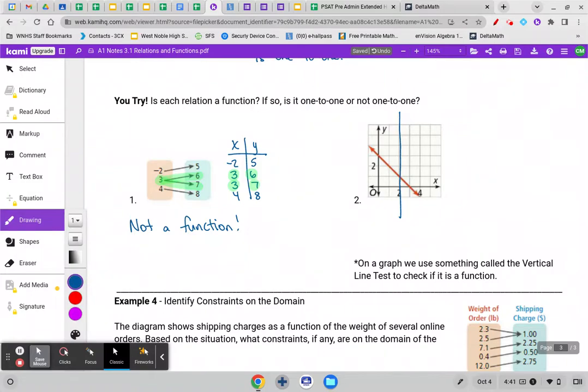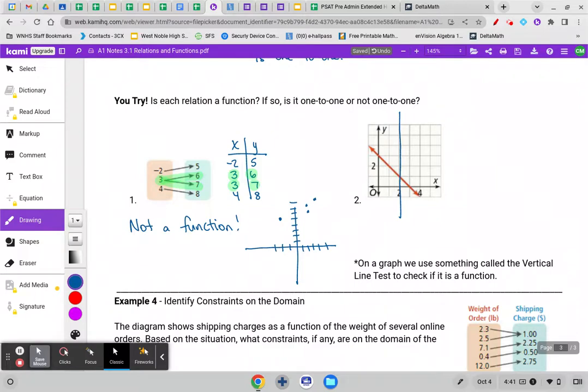The reason is, if I were to graph these 4 points, I have -2, 5. I have 3, 6. I have 3, 7, and I have 4, 8.